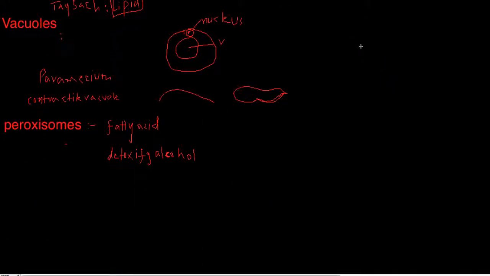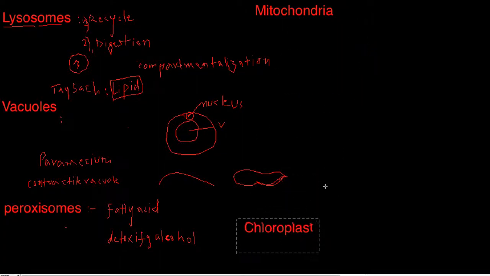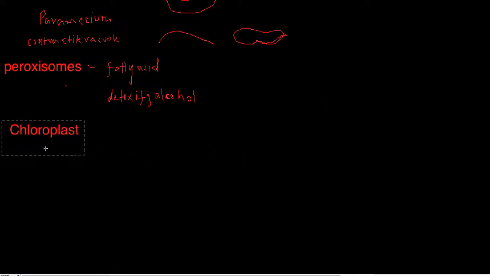Now, chloroplasts are predominantly found in plant cells. Other than chloroplasts, we have chromoplasts and leucoplasts. Chromoplasts are colored organelles, and leucoplasts are non-colored. They don't have any color, and chloroplast has green color in it.